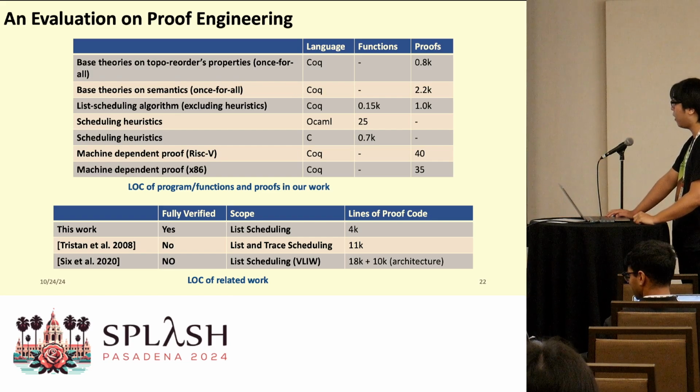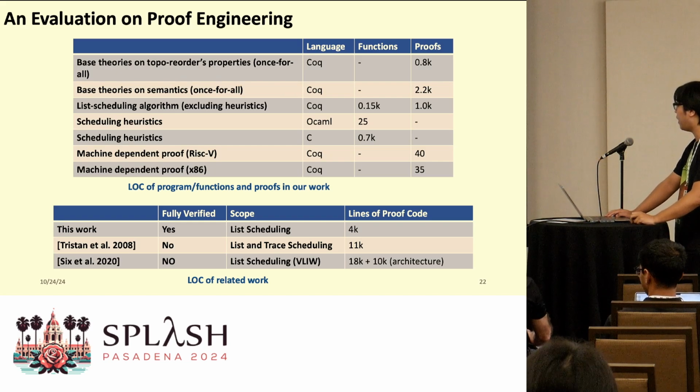We wrote the formal proof using the same coding style as CompCert or previous work. And you can see that we have a similar amount of lines of proof code, but our workflow is slightly different. But it's all around thousands of lines of proof code for the scheduling algorithms.